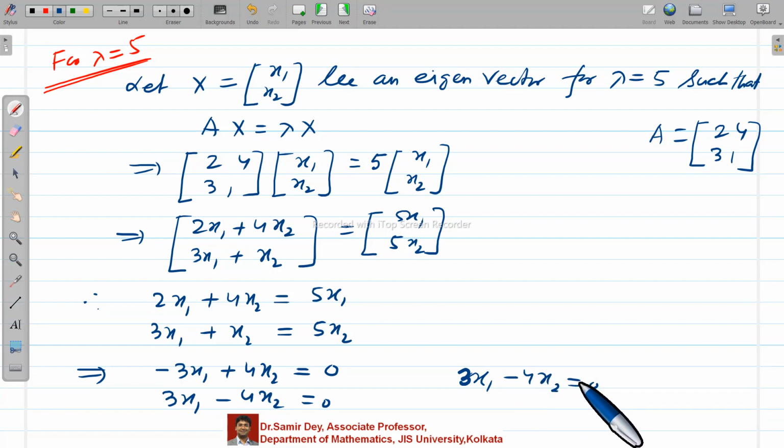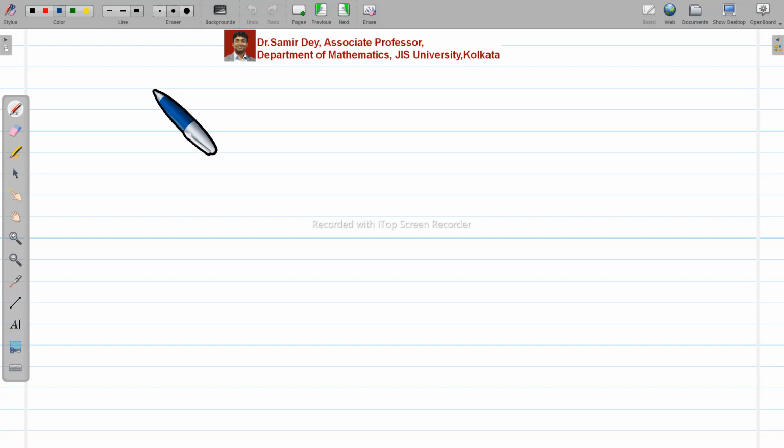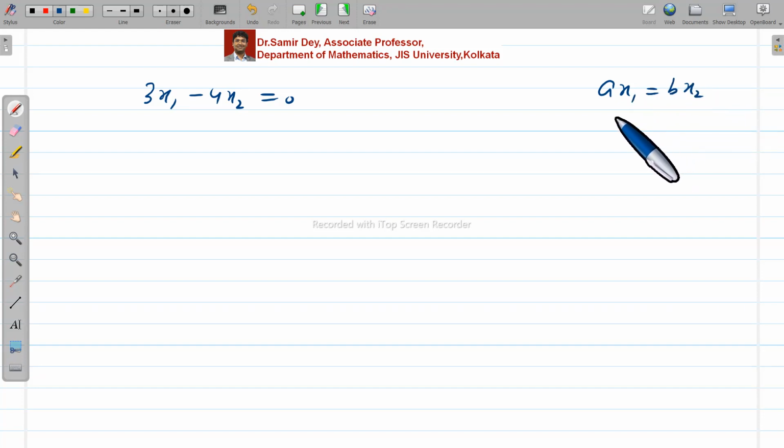Okay, then try to understand how to find its value. So ultimately you have 3x1 minus 4x2 is equal to 0. Please remember, if I have a x1 is equal to b x2, then we need to write x1 by x2 equals b by a: this b should be here and this a should be here, along with the sign.